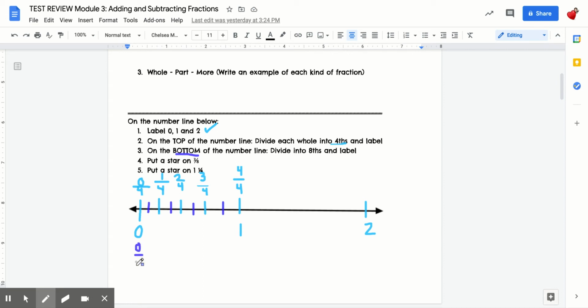So 0/8, 1/8, 2/8, 3/8, 4/8, 5/8, 6/8, 7/8, 8/8 make up our 1 whole. And then you need to mark places, but you're also going to continue all the way to 2 wholes, labeling as you go, right? We did this in the very beginning of our fractions.